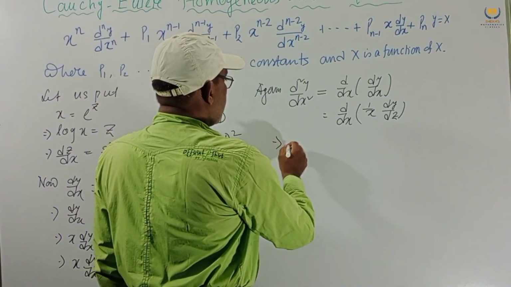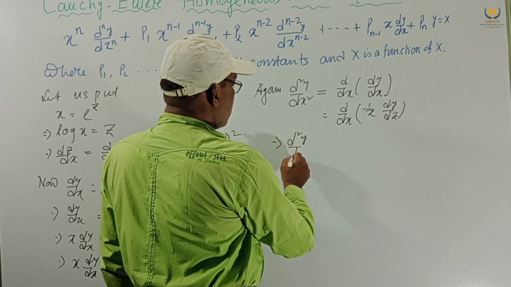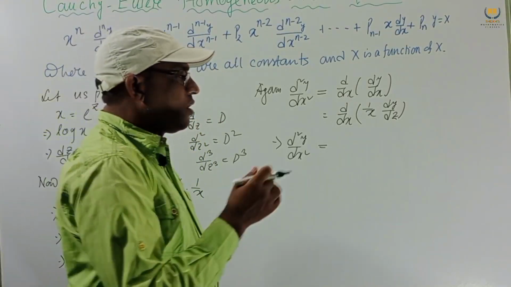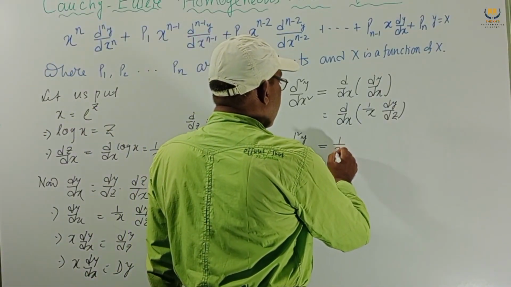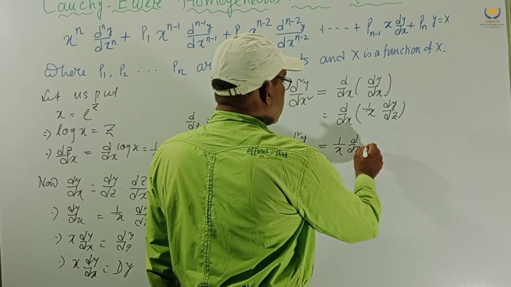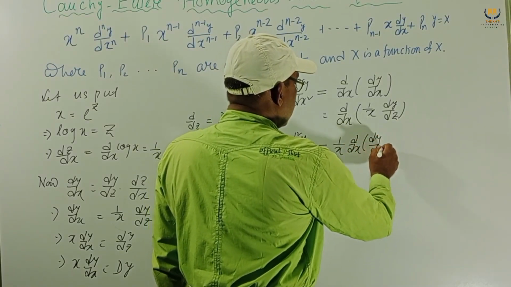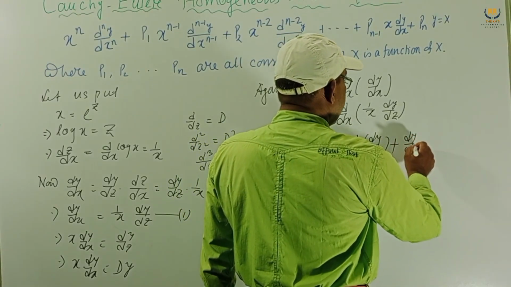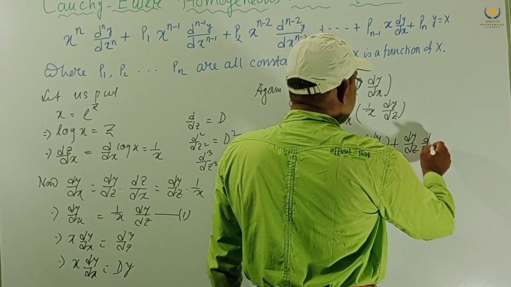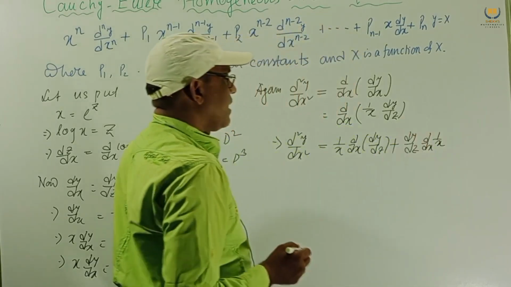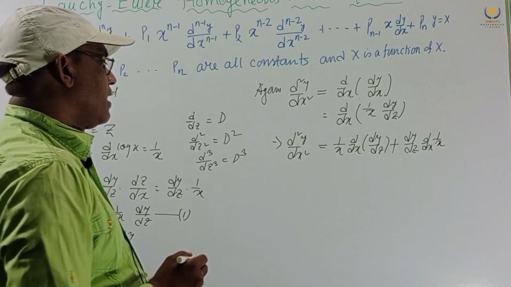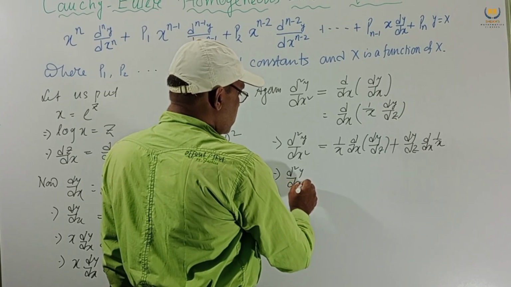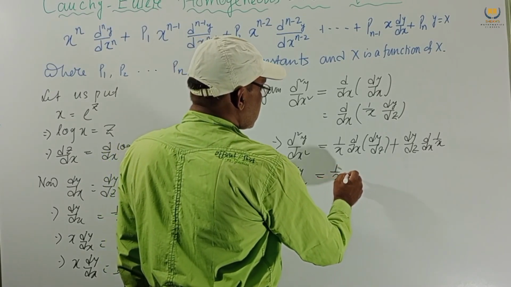Now this implies d^2y/dx^2 equals, by the product rule, the UV formula, 1 by x d/dx of dy/dz plus dy/dz d/dx of 1 by x.